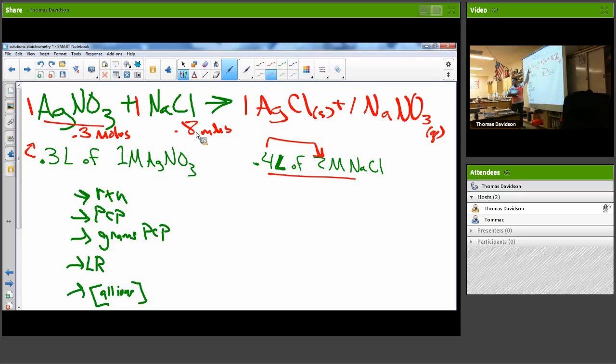Did that make sense to everybody? Now, most of the time in these, I would do it that way because I'm not giving you grams that you have to convert to moles. That's not that big a deal, but you can't do that in your head generally. These ones you can kind of figure. Let's pretend this was a 2.